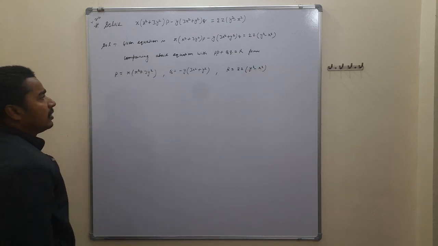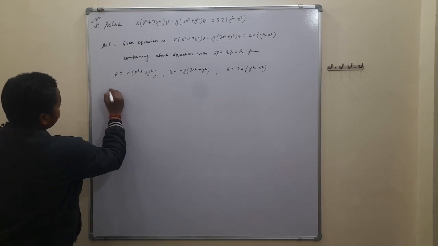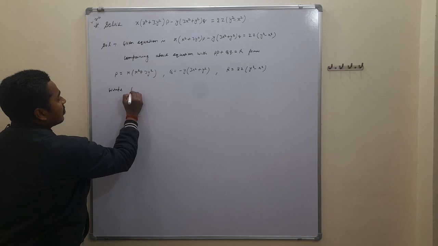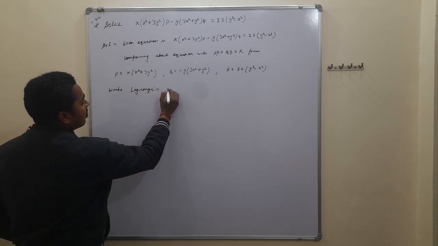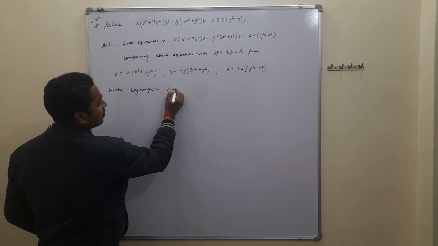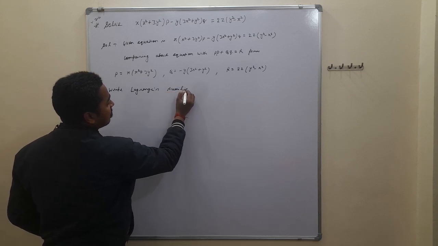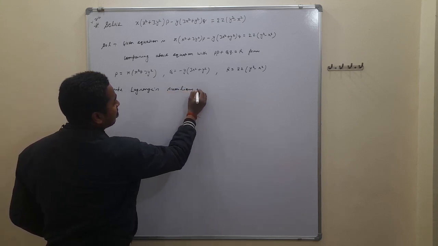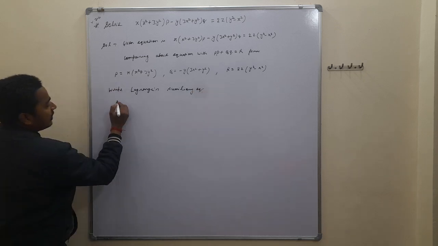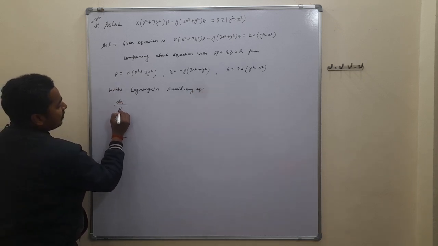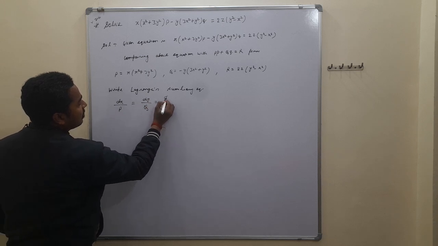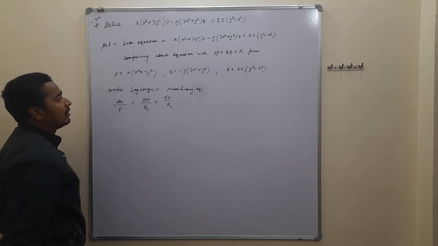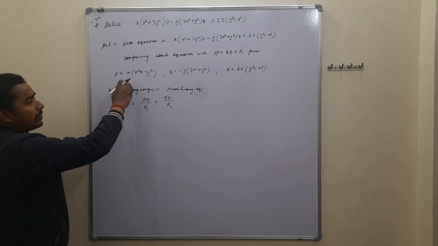We have to write the Lagrange auxiliary equation. This is given by dx/P = dy/Q = dz/R, and we have to put the given values of P, Q, R here.